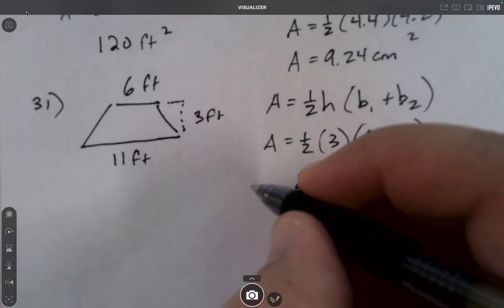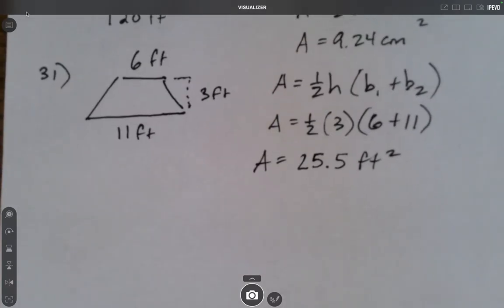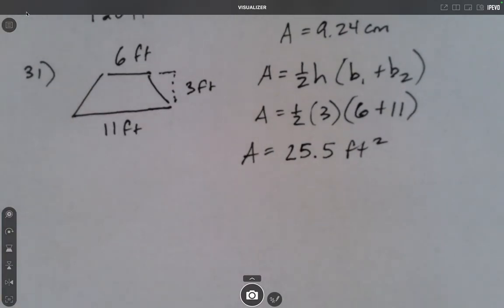So that's the area. Now, that's not the final answer, because what they say is Mrs. Jackson wanted to lay tile in the area in front of her fireplace, as shown in the diagram. That's our trapezoid right here. The tile costs $2.99 per square foot. About how much will it cost Mrs. Jackson to tile the area?